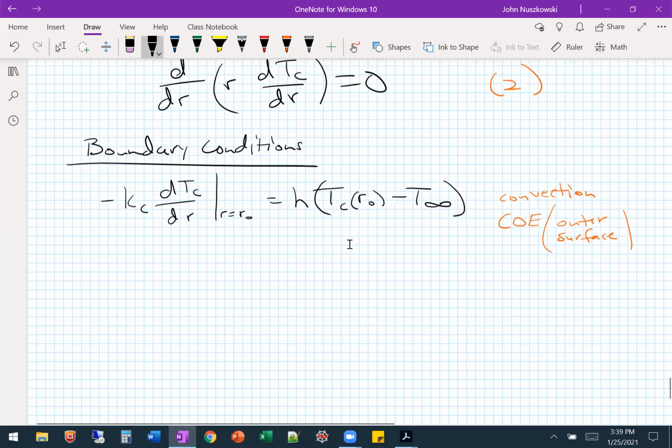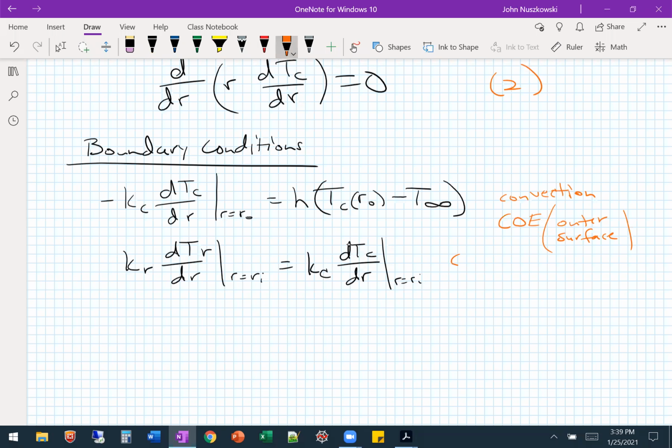Okay, so if we write that down, that's our constant heat flux, which is from the COE at the inner surface.